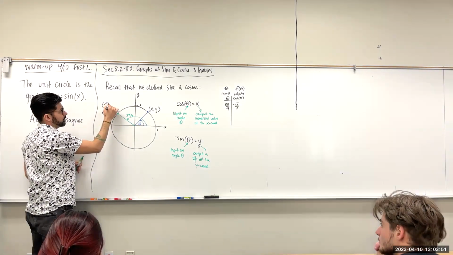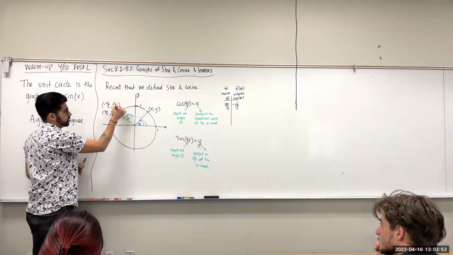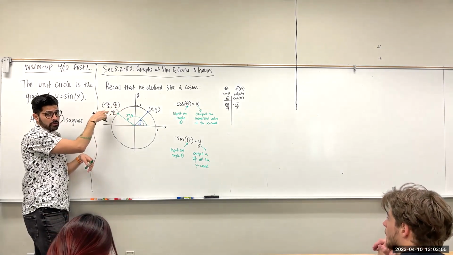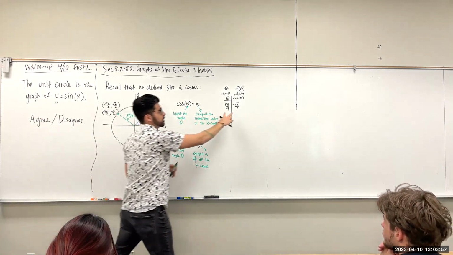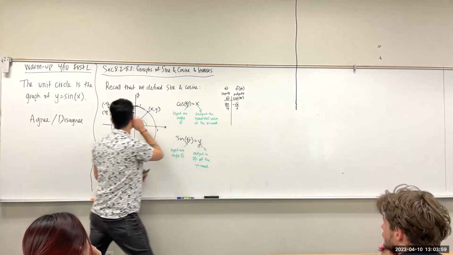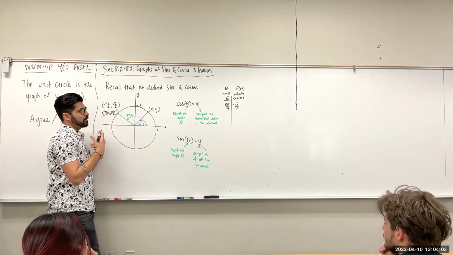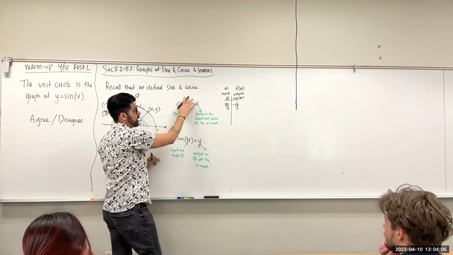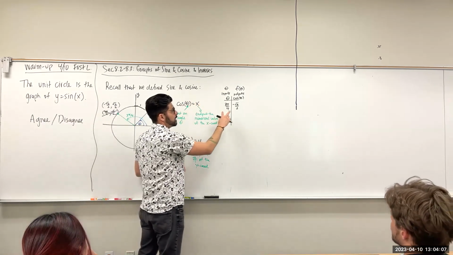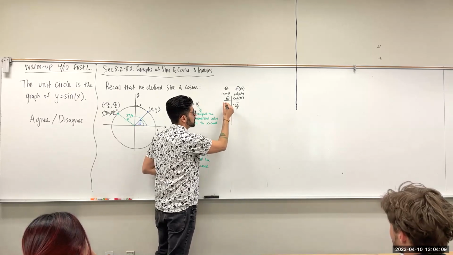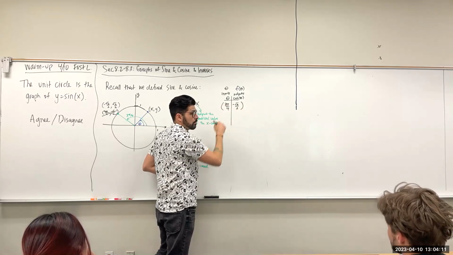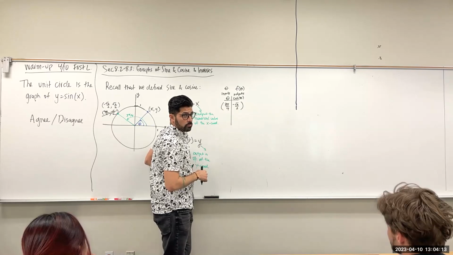So the real coordinate is this, and then positive root 2 over 2. That's the real coordinate of that. Not this guy. That's not the coordinate of this point. You see that? So if I'm graphing sine or cosine, I need my function to include the point 3 pi over 4 comma negative root 2 over 2.